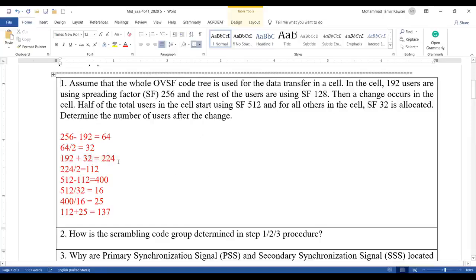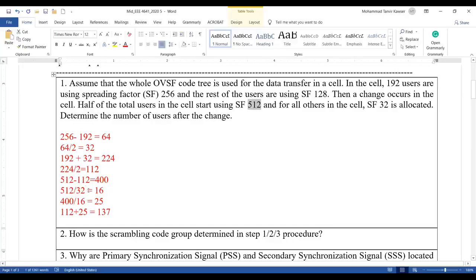And when the change occurs, half of the total users start using spreading factor 512. So 112 users start using 512. Now at the level of 512, there are 512 codes available.